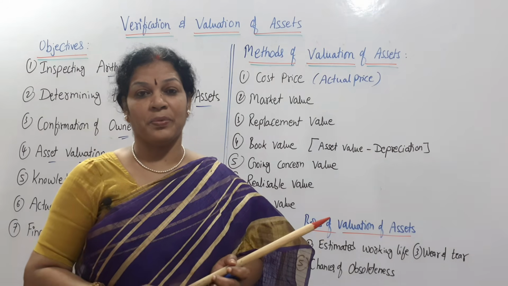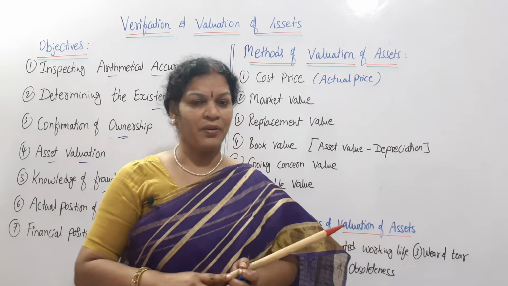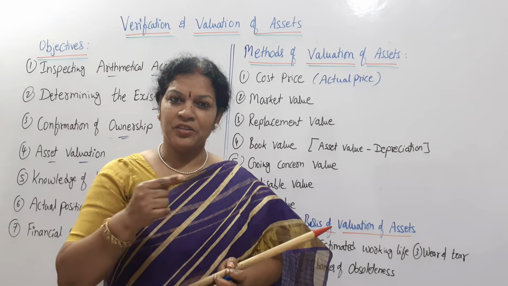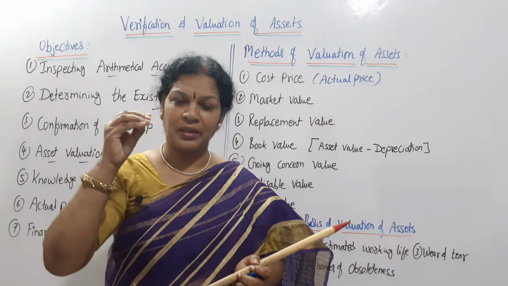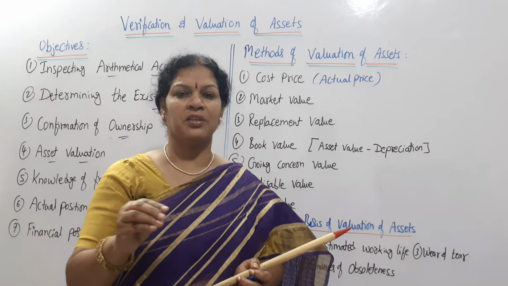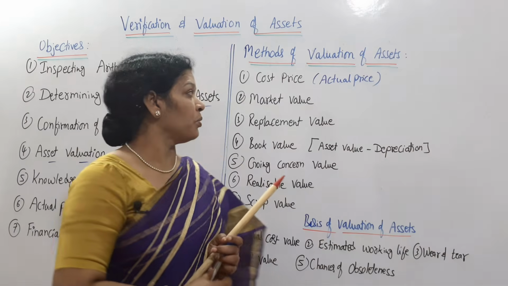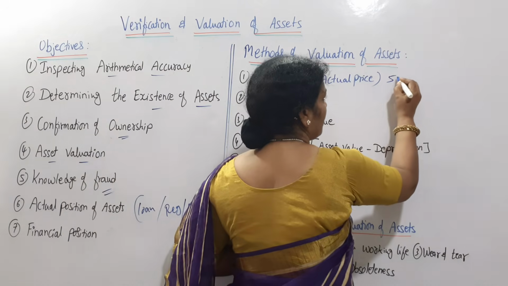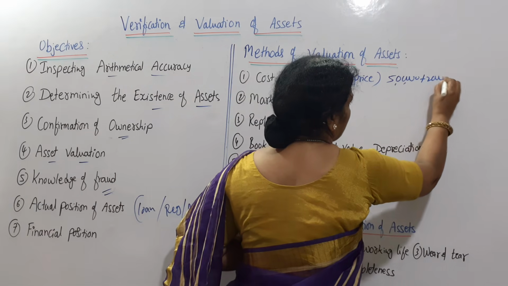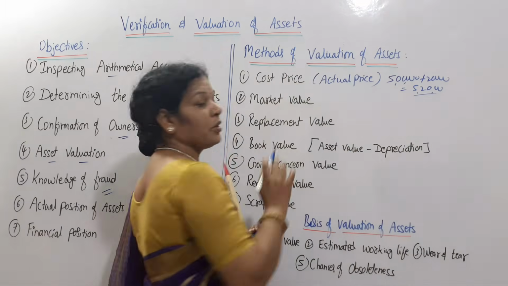Say I have purchased furniture costing 5 lakh rupees, and for the furniture to get inside my organization, transportation and installation cost around 20,000. 5 lakh plus 20,000, so the cost is 5 lakh 20,000. So this is the cost price.